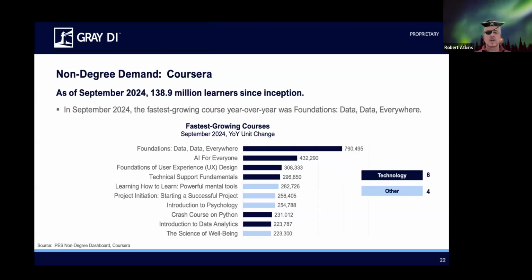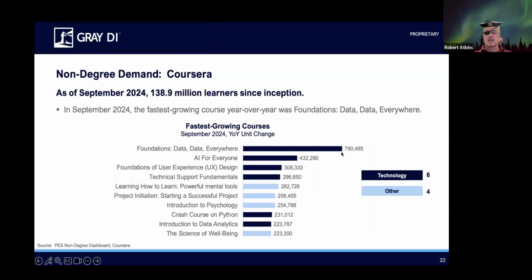The beauty of it is we can watch the experiment. Coursera tells you how many students enroll in a given course, which is a wonderful set of headlights for you to be able to say, okay, what are people interested in? And is this the beginning of a program, or is this just a certificate I might want to offer? But you can see it happening out there and get effectively market research done for you to find out what people are interested in.